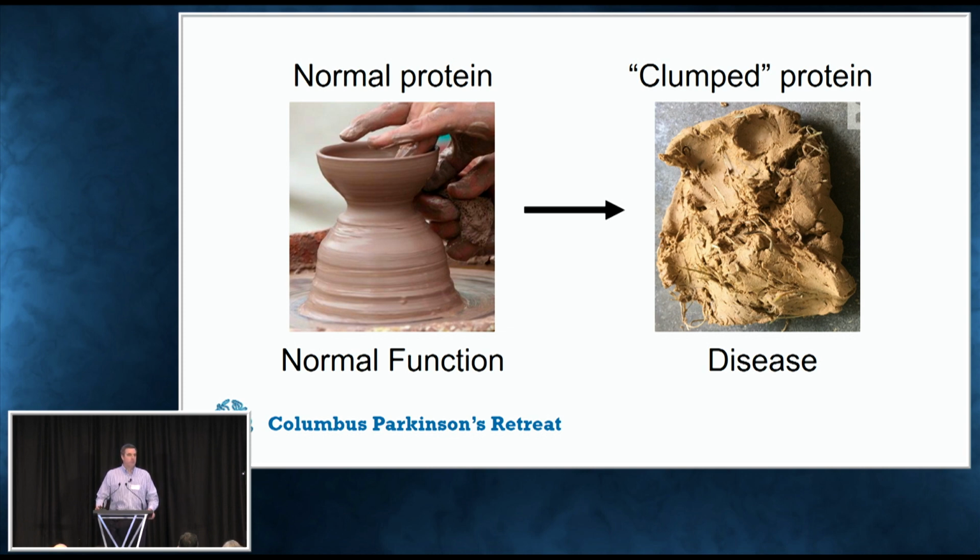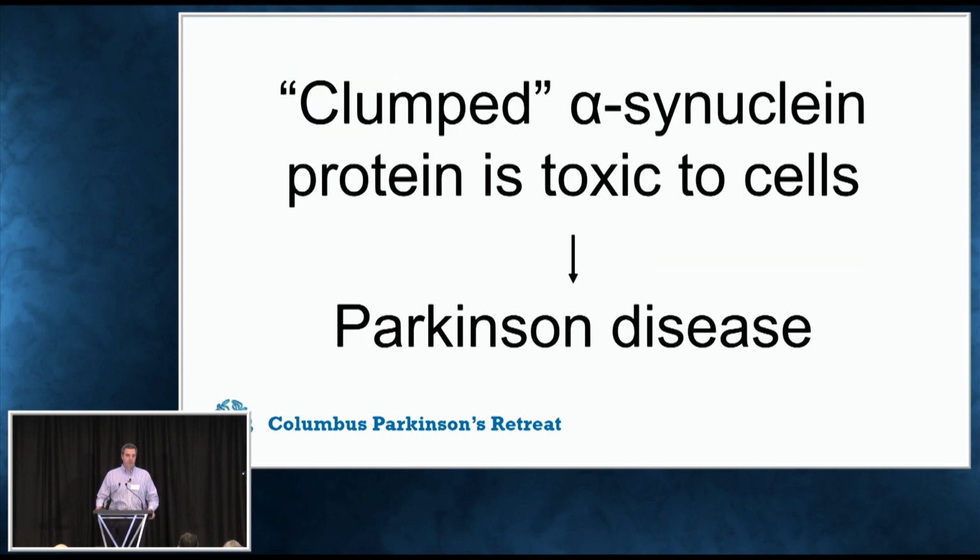And so clumped proteins can cause disease states. Clumped alpha-synuclein protein in particular has been shown in many different models to be toxic to cells, and there is a lot of data supporting that toxicity from this clumped alpha-synuclein protein can forward the process of Parkinson's disease.